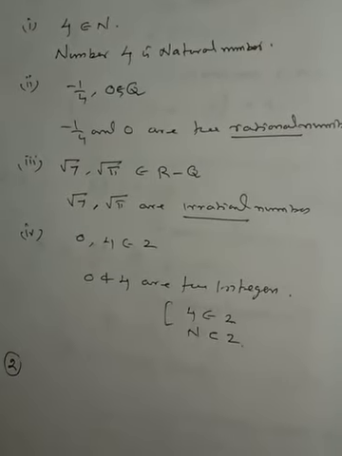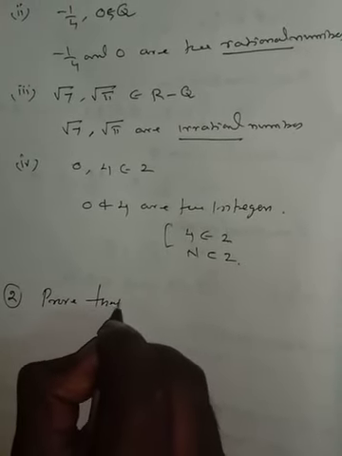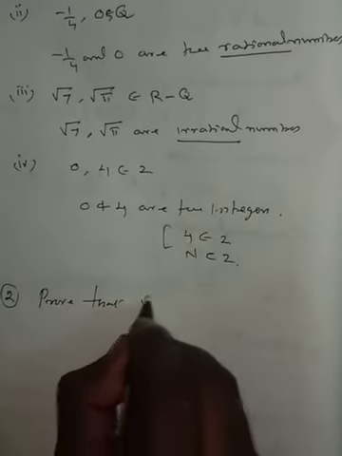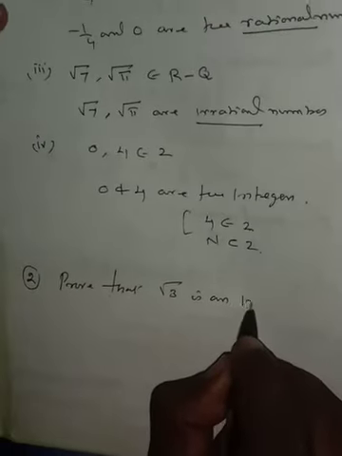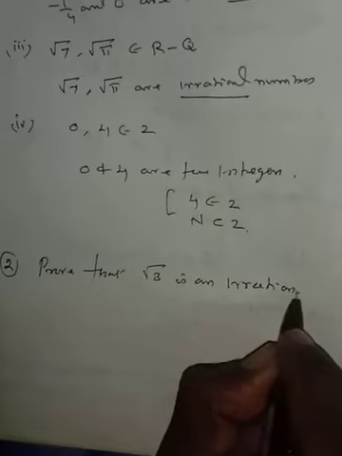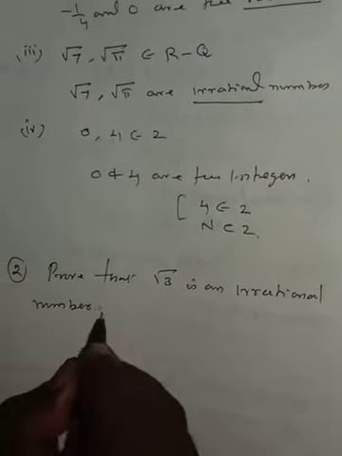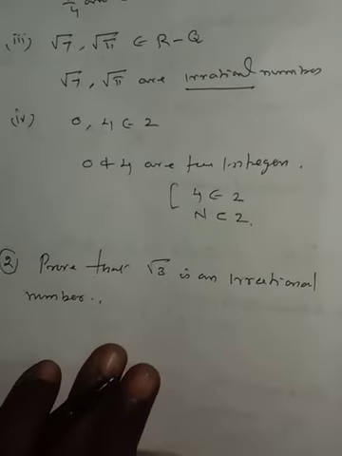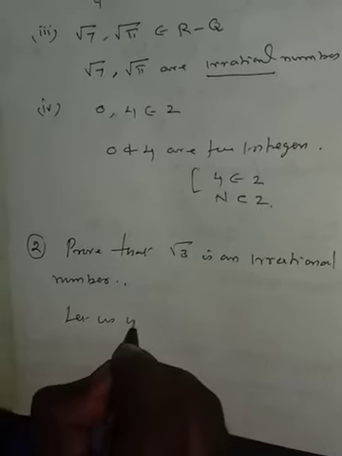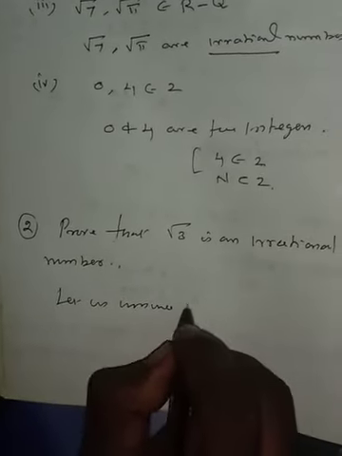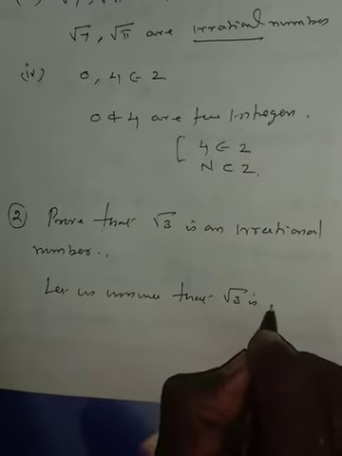Question number 2. Prove that root 3 is an irrational number. Let us assume that root 3 is rational.